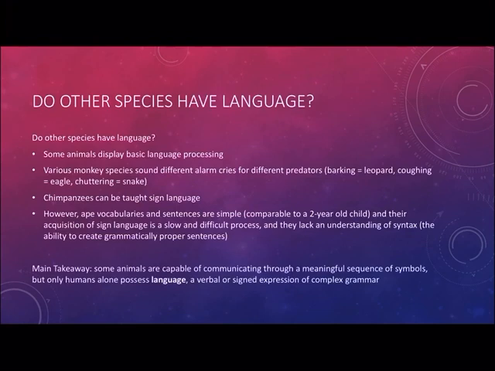We can get somewhere with sign language in apes, but they usually don't get past a second or third grade level in terms of their language comprehension. So it is in fact humans alone that possess the capability to communicate with as complex of a language as we have. Although we can teach animals some aspects of language.